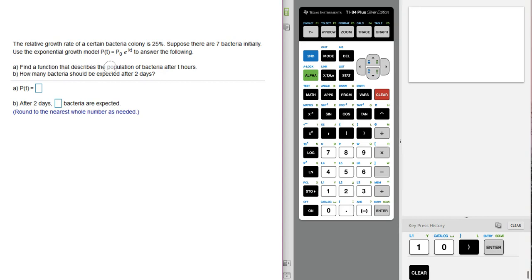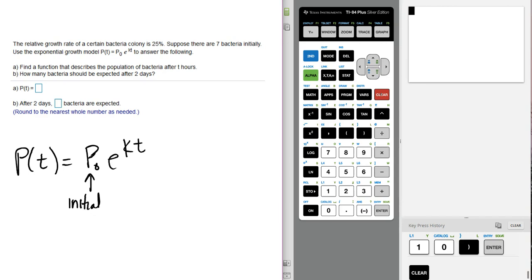Find the function that describes the population of bacteria after t hours, and how many bacteria should be expected after 2 days. So we have to know what this formula stands for. We have P of t equals P naught e to the kt. So the P naught is our initial or starting amount.